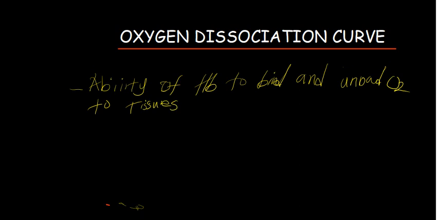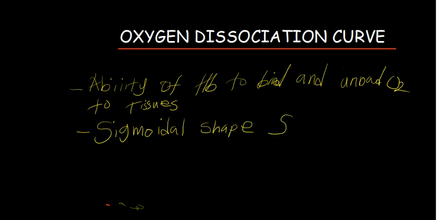So the oxygen dissociation curve is characterized by a sigmoidal shape. Sigmoidal shape is just the S shape.